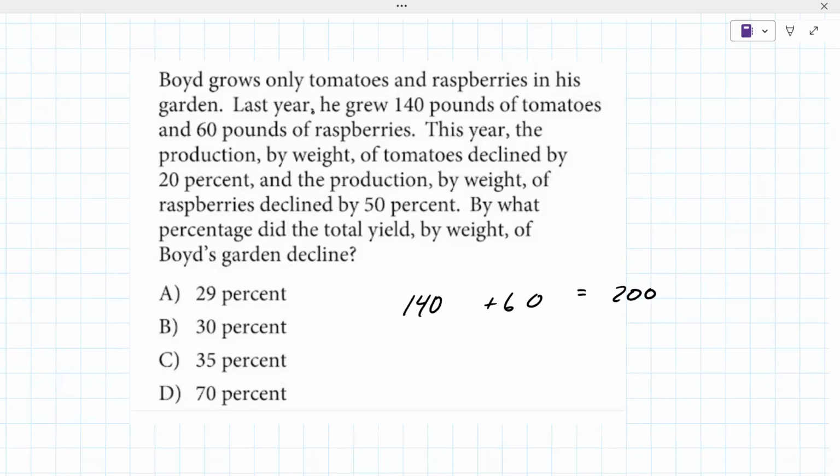Because a 20% decline happened on the tomatoes, it would be 0.8 times 140, which is 112. And then it would be 0.5 times 60 equals 30 pounds. Then you add those two numbers, and if you subtract 142 from 200, you get 58 pounds. Because it's 58 over 200 times 100, that is 29%.